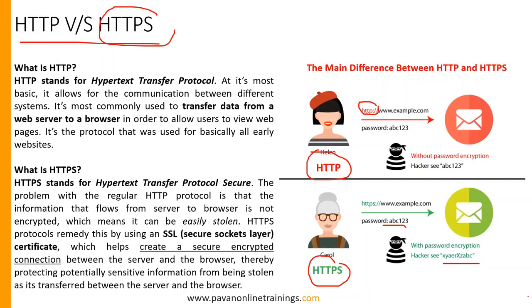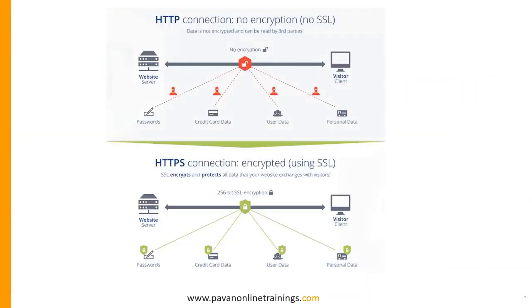Okay. All right. So now these are again the internal differences. I just now said, right, an HTTP connection has no encryption inside. But in HTTPS, it is encrypted. SSL means secure socket layer. So this is again a security terminology. And here what happens is, this is a web server, this is the client. The communication is completely in encrypted format.